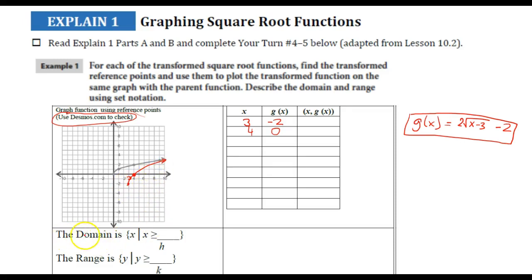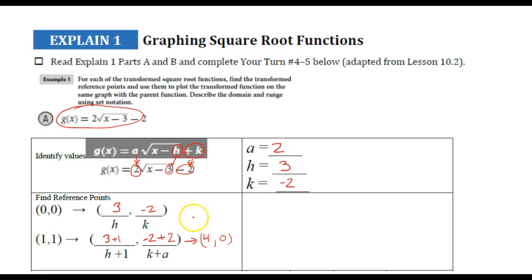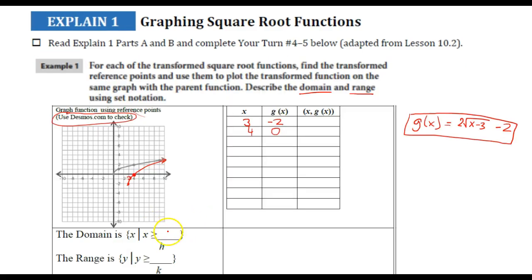And then as you can see, it says the domain. The last thing we're going to do is describe the domain and range. So this is just a little shortcut for you. Domain is going to be all x values that are greater than or equal to your h value, and your range will be all your y values that are greater than or equal to your k value. As you can see here, our h and k value were actually 3, -2.